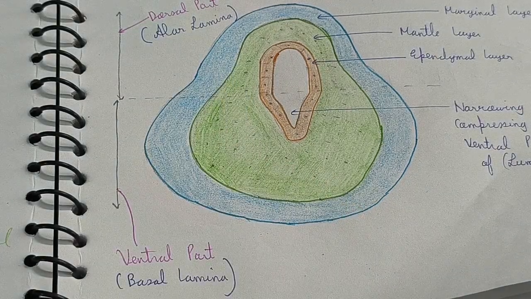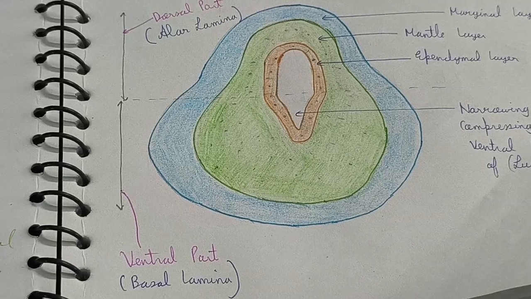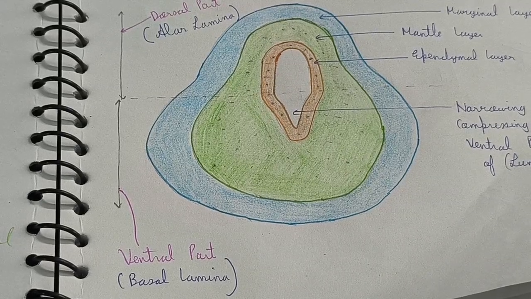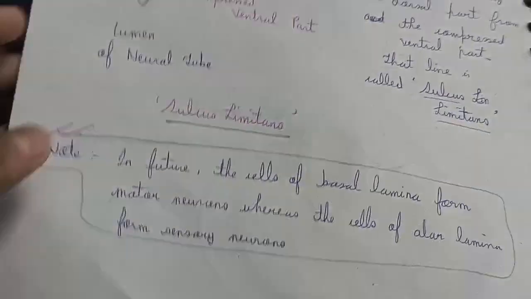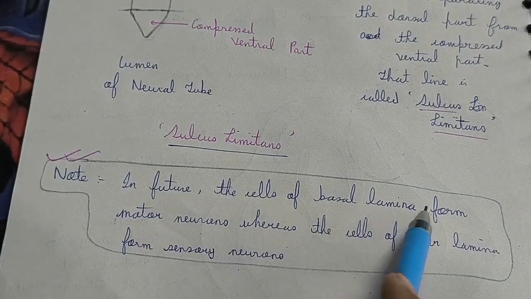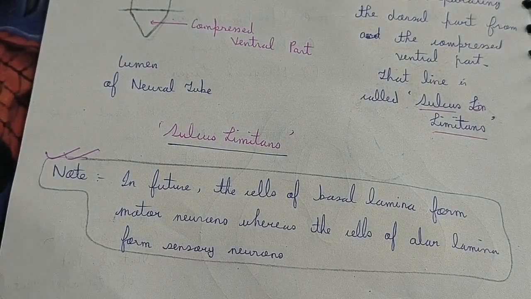Due to this, in the spinal cord of a normal human being you find that the motor neurons are in the ventral position and the sensory neurons are in the dorsal part. You will study about this in gross anatomy also. Therefore in future the cells of the basal lamina form motor neurons, whereas the cells of the alar lamina form sensory neurons.